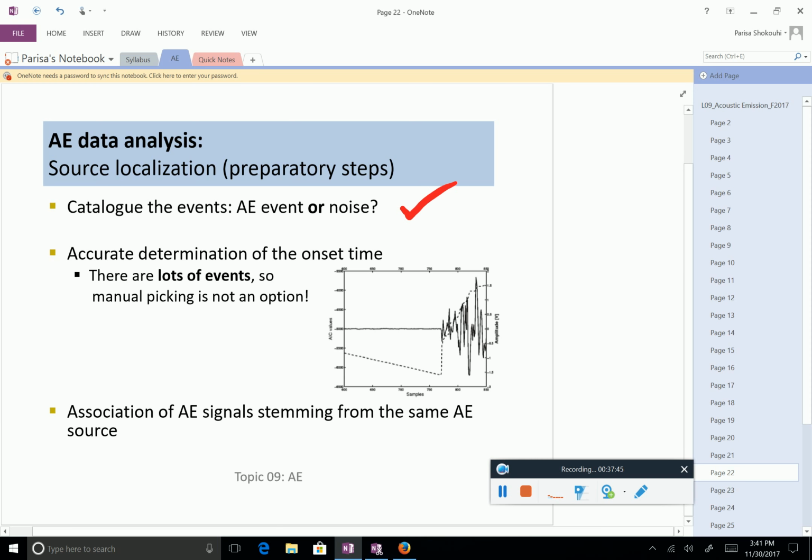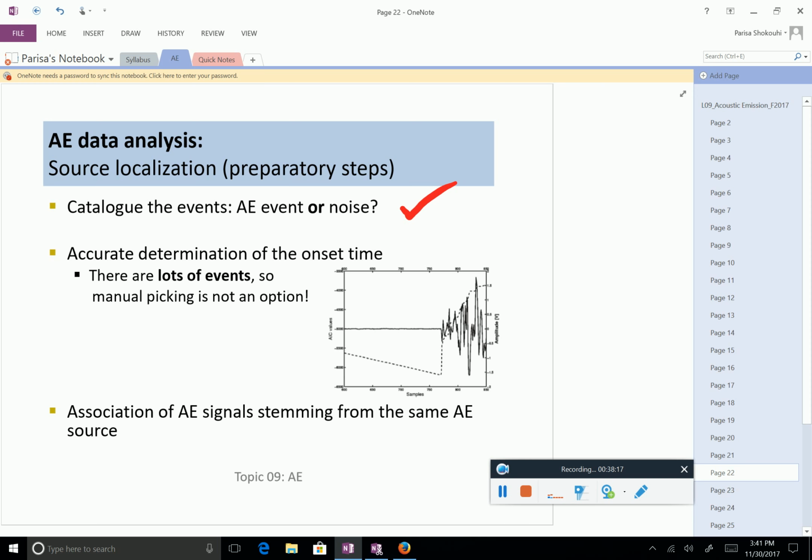The second thing, if you want to localize, is you have to see where your event exactly starts. Now, when we were doing the through transmission and these sorts of things, we were always comparing between contact, etc., and you can always plot them and see them. But in acoustic emission, you have a lot of data, so you have to have something automated.